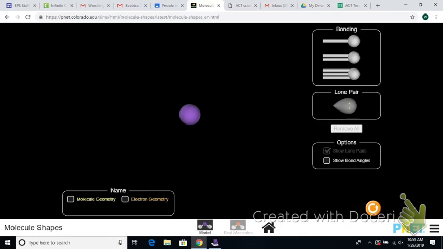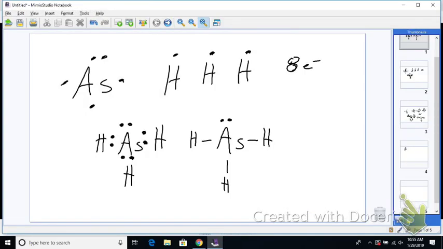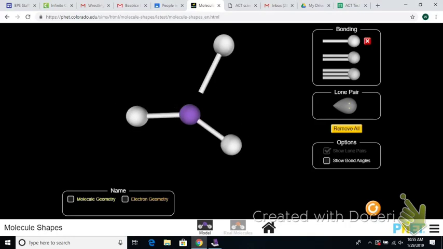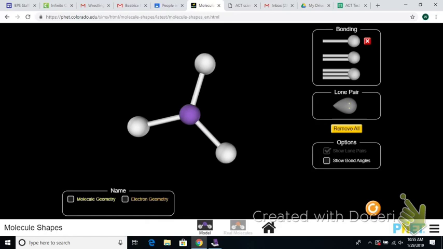That's your central atom. Okay? So then what we're going to do is match it up like our dot structure. So when we look at our dot structure, we have 3 single bonds, and then we have a lone pair, it's called. So that's what we're going to do. We're going to put on our three bonds, and then we'll put on our lone pair.